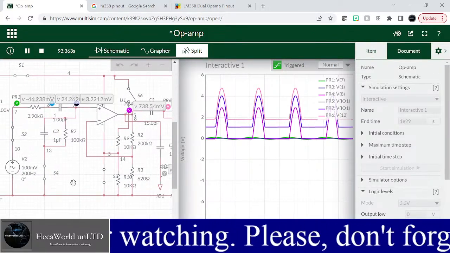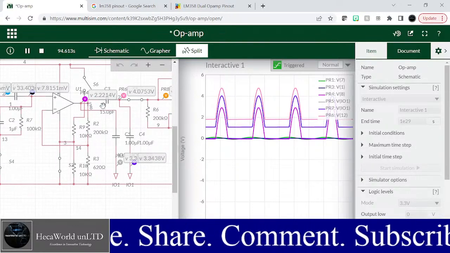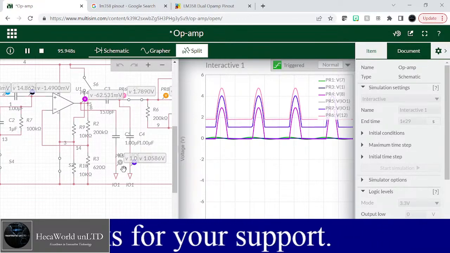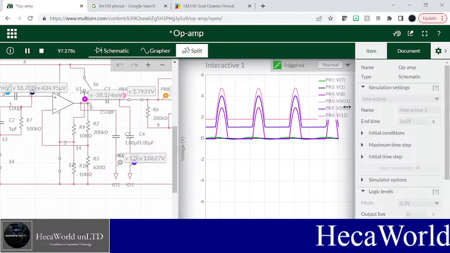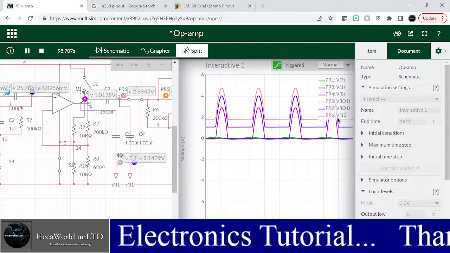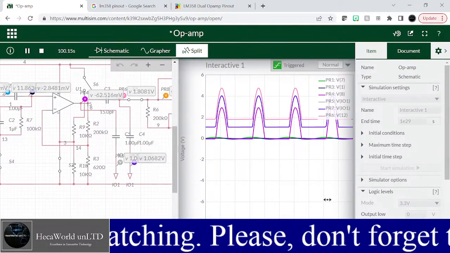So 1, 2, 3, 4, 5, 6, and 7. 5 and 7 are the same shape. The gray and the blue are the same shape. They are actually sitting at the same spot, right?